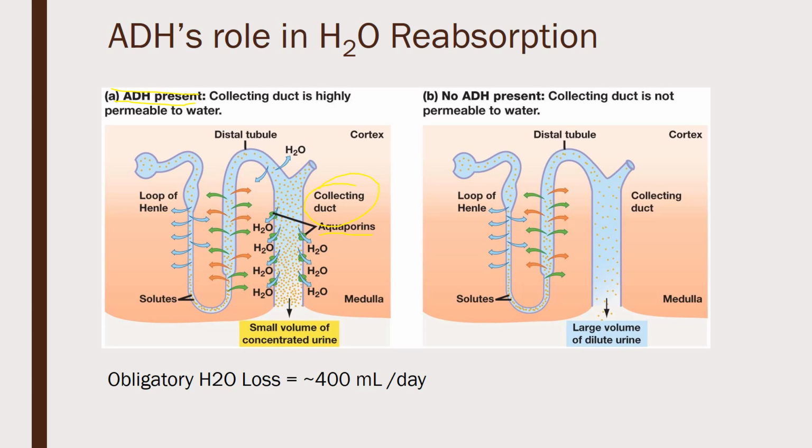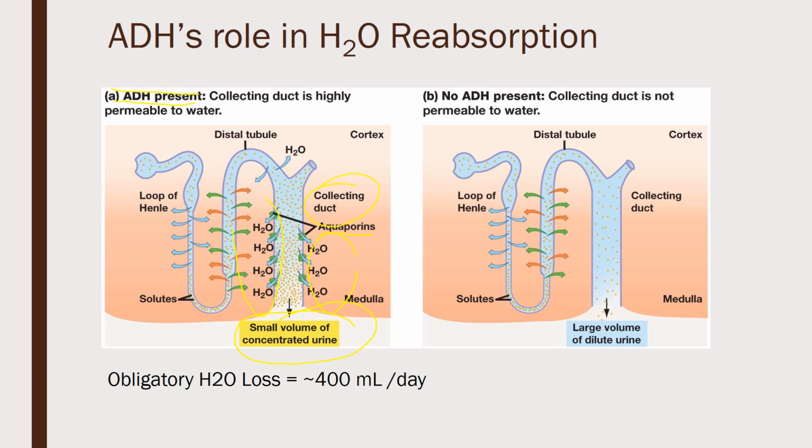This allows an increase in diffusion of water down its concentration gradient. So a high concentration of ADH increases the permeability of water in the collecting ducts, and water is reabsorbed maximally, so we'll see a very small urine output.